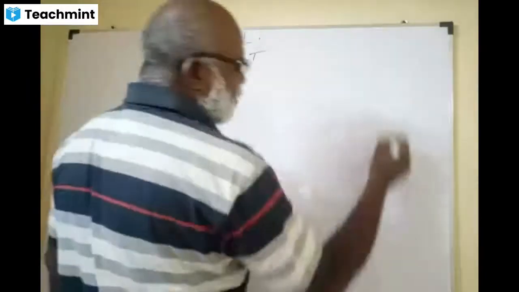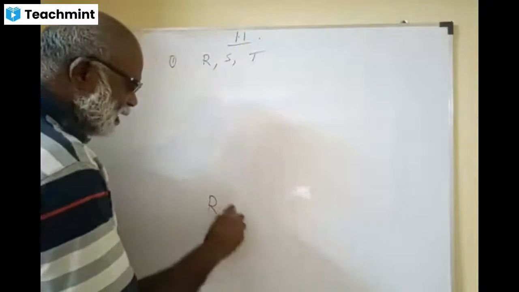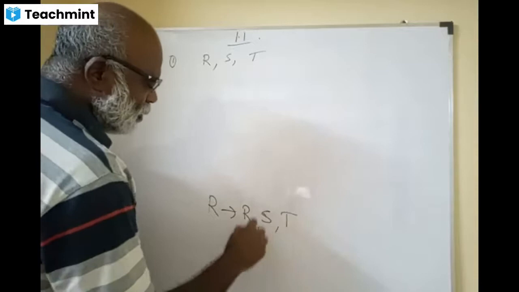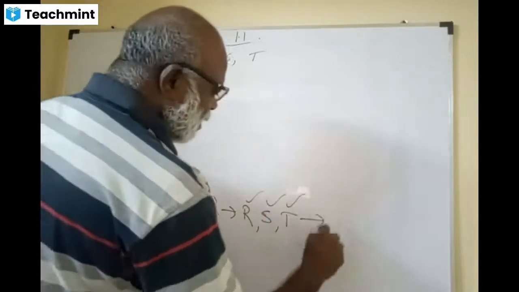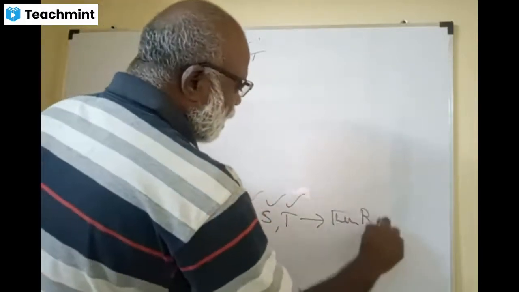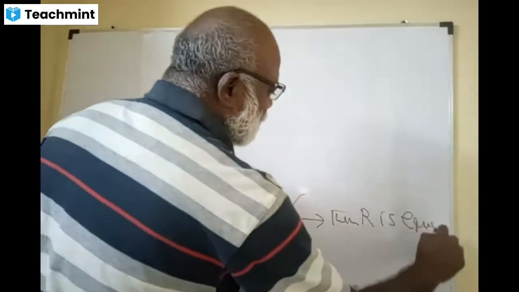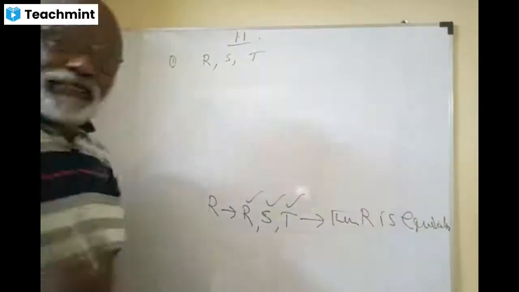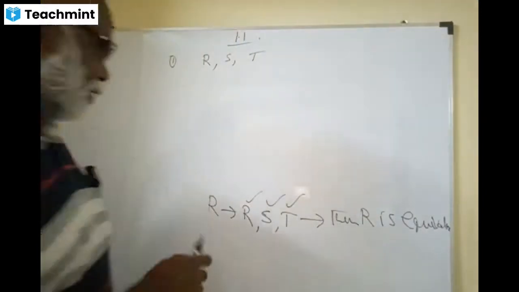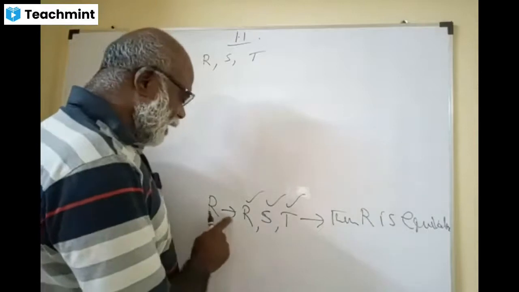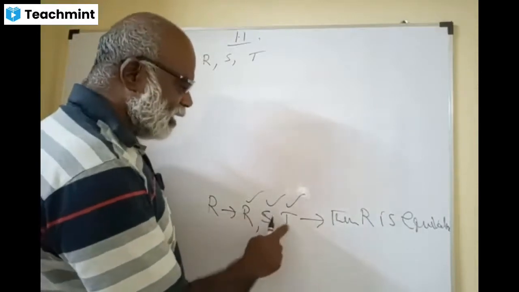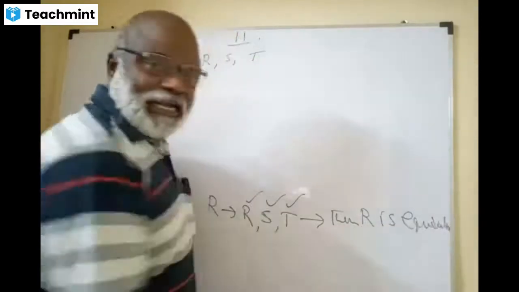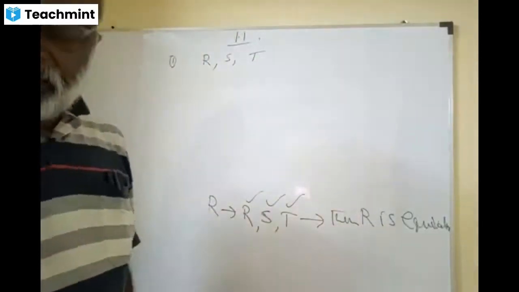Also I forgot to tell you: if R is reflexive, R is symmetric, and R is transitive, all three, then we call R an equivalence relation. Please note down this point.